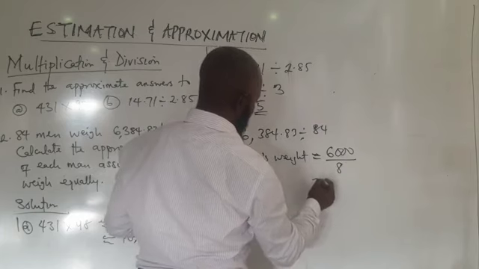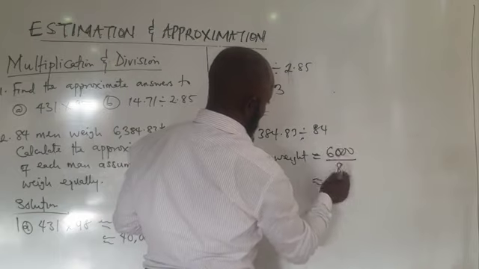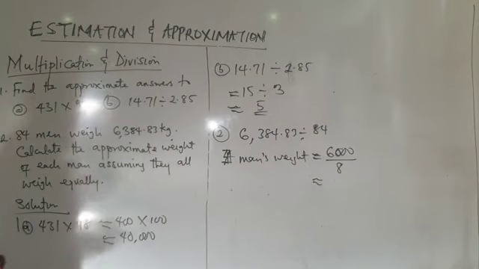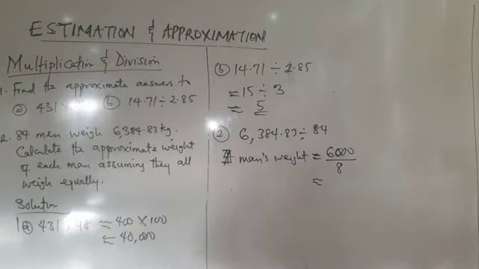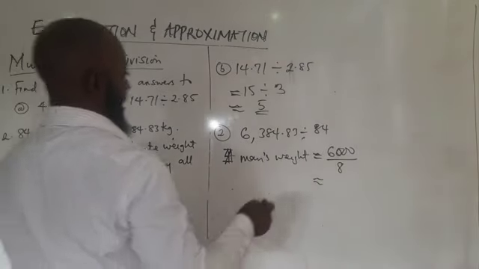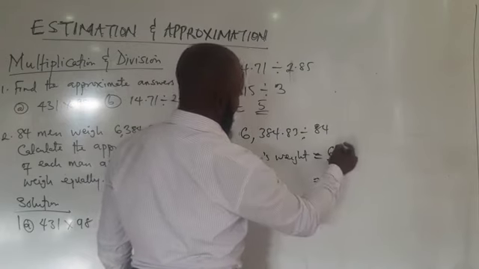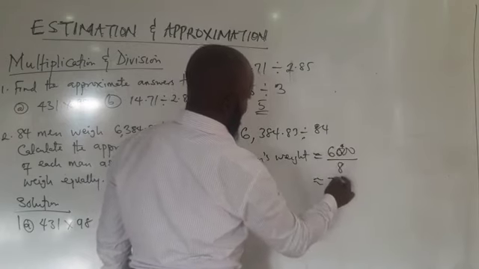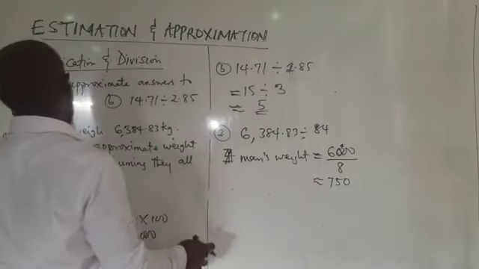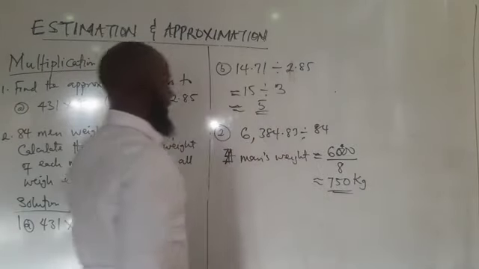So let's divide. 8 in 60, that gives 7, which is 56, carry 4. So 8 in 40, that is 5, then 0. So one man's weight will be 750 kilograms, approximately. So that is approximation.